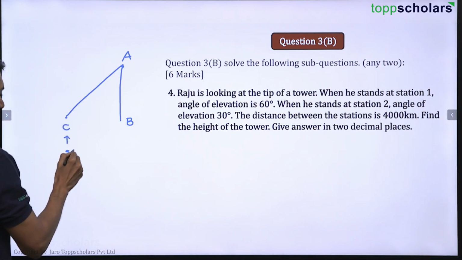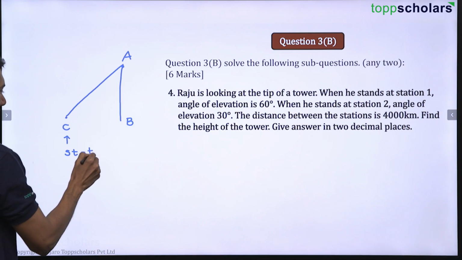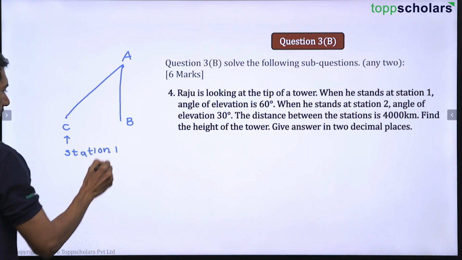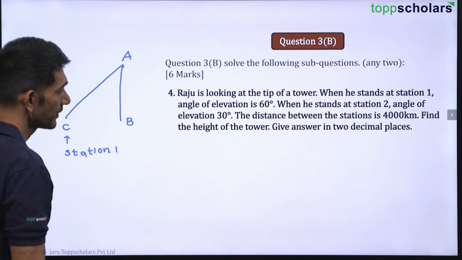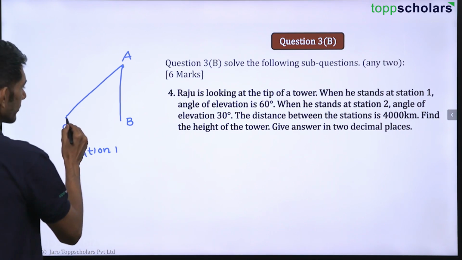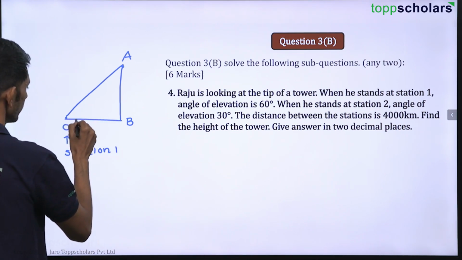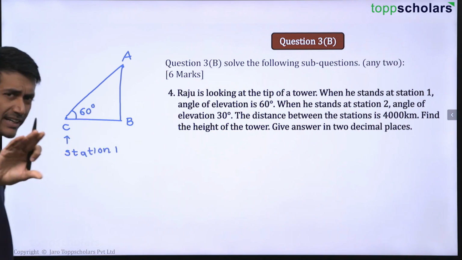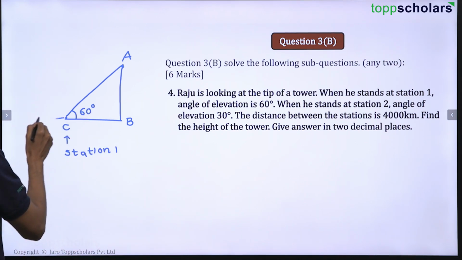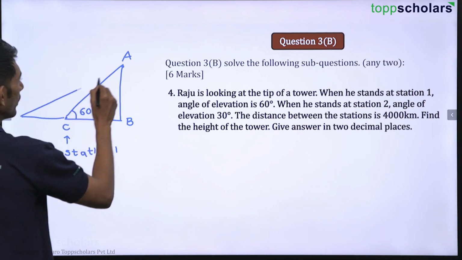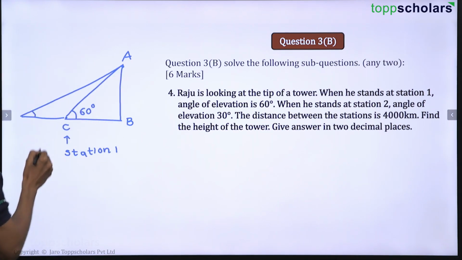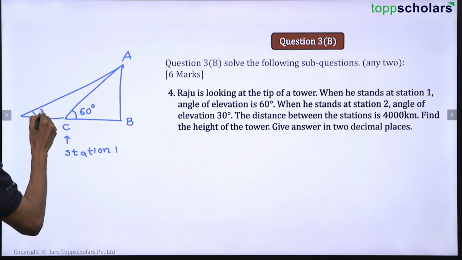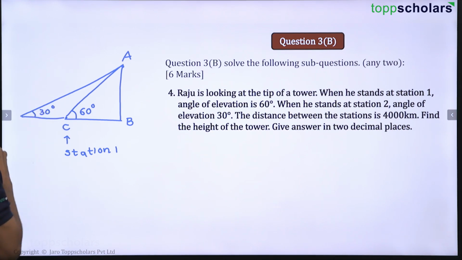This is station 1. And the angle of elevation is 60 degrees. The angle of elevation is getting narrowed. That means Raju moves away and then again looks at the top of the tower. So here the angle is 30 degrees.